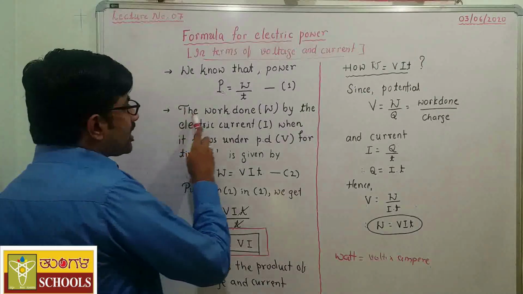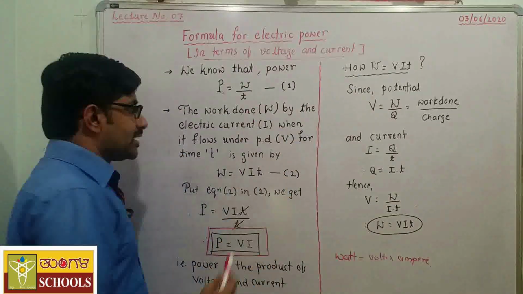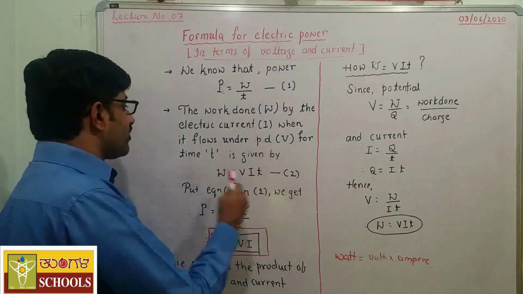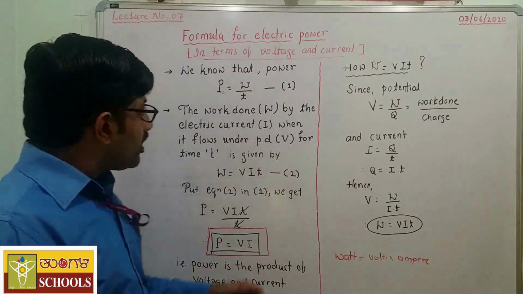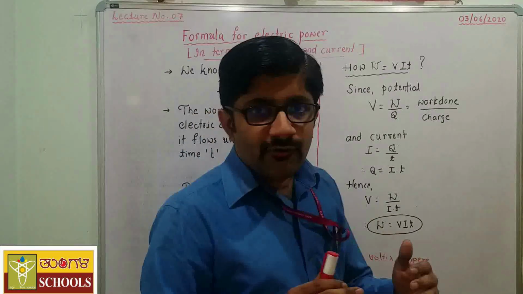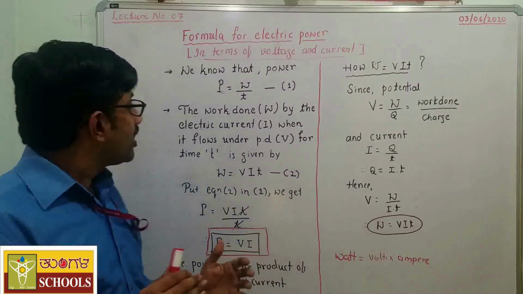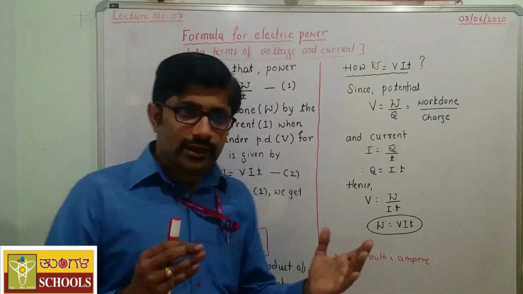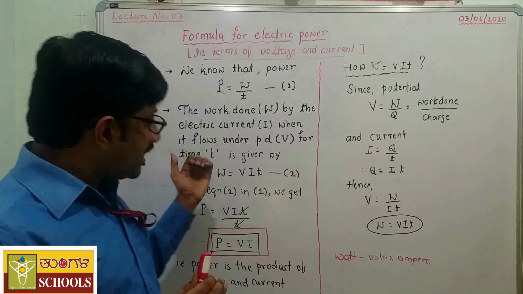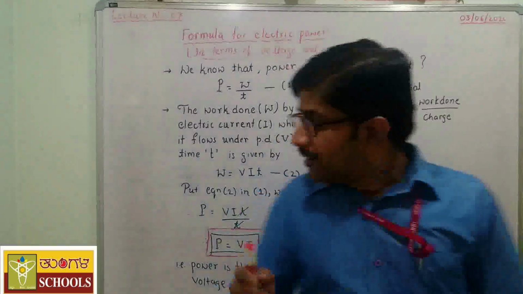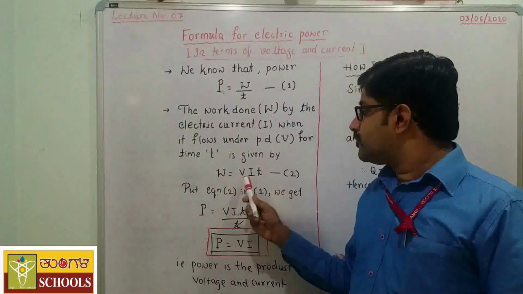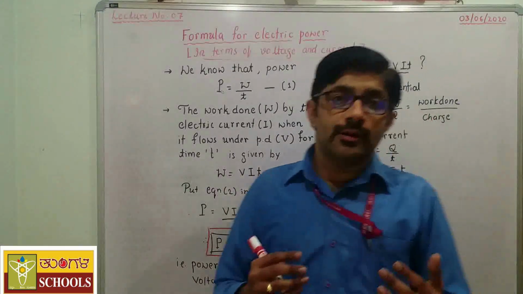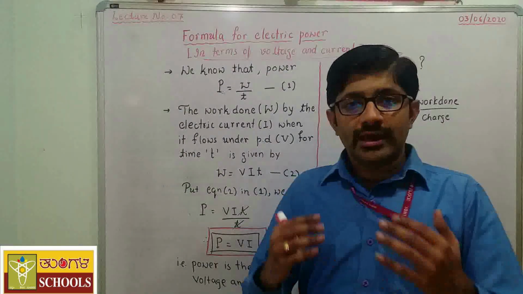Now, the work done by the electric current I when it flows under the potential difference V for time t is given by W is equal to VIT. Now the question arises how W is equal to VIT.